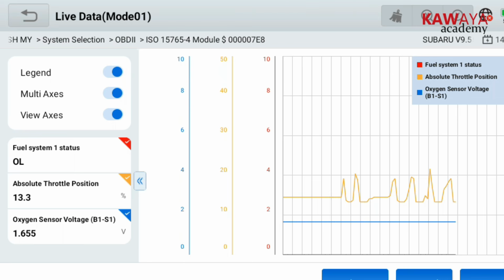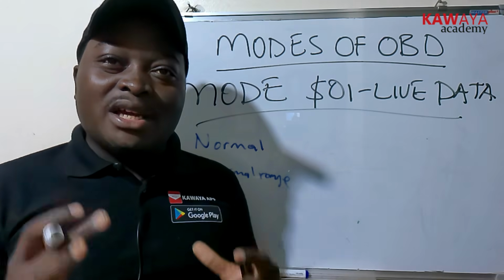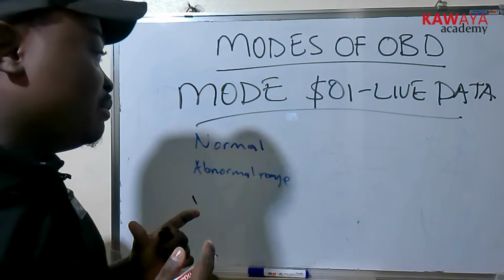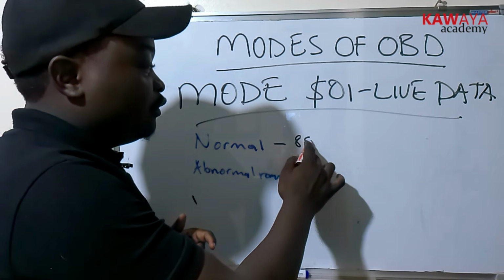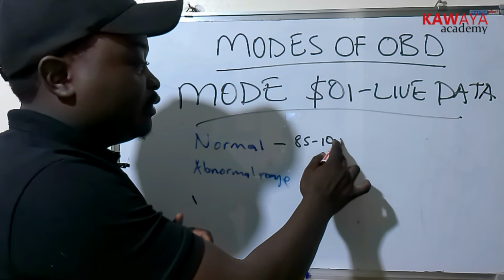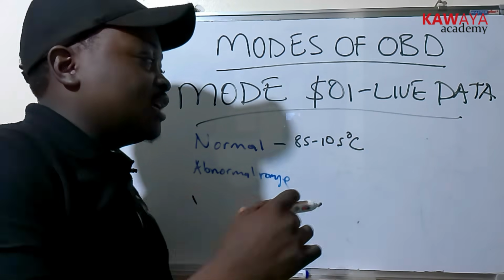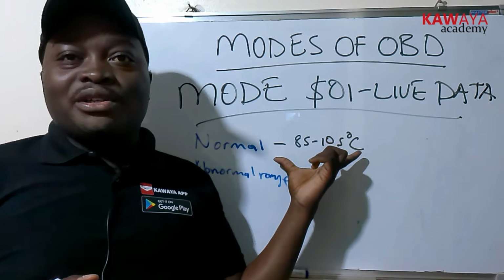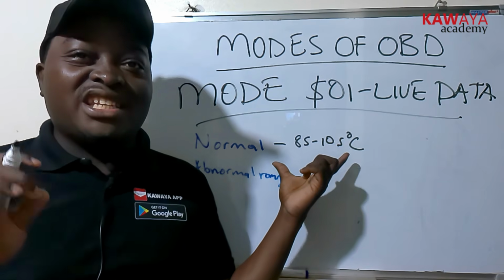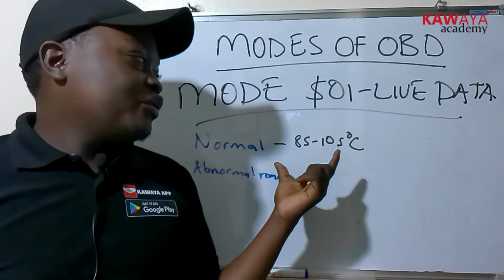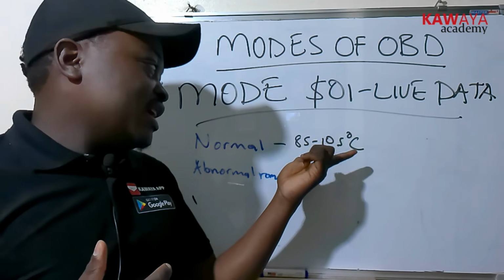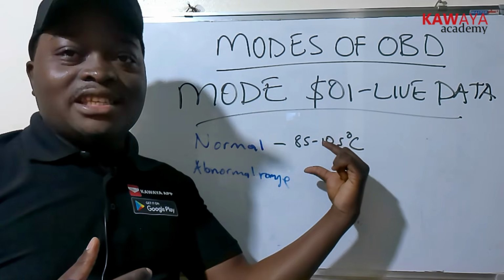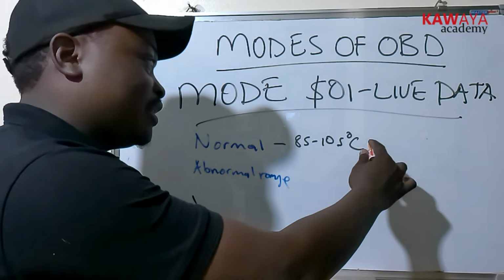If a car has been warm for some time, the coolant temperature must be about 85 to 105 degrees Celsius. This is the coolant temperature of a perfect engine that has been warm. So if you're observing under live data and you're seeing your temperature within this range, this is the normal range and you consider it okay.